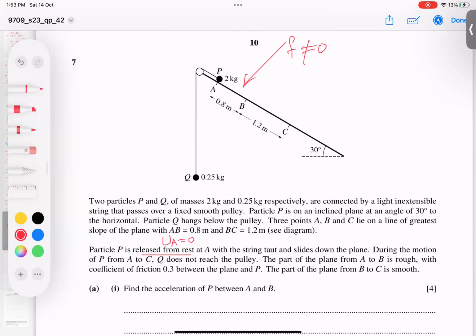So mu is 0.3. Further, he's saying that B to C is smooth. It means friction is equal to 0, the friction force is not there for sure. And we need to find the acceleration from A to B, when it has some coefficient of friction.